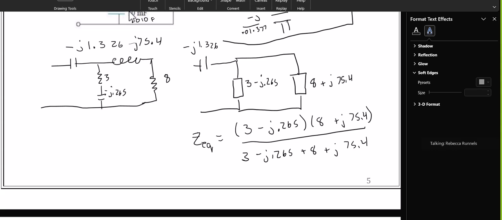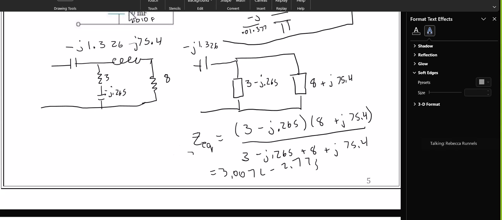I think I can add 3 and 8 and get 11, but I'm not entirely sure. I get, as a phasor, 3.007 angle negative 2.775.